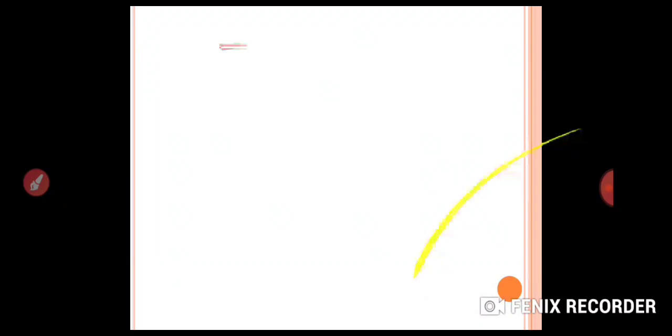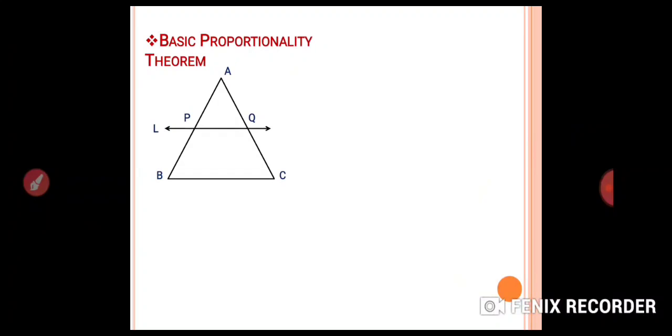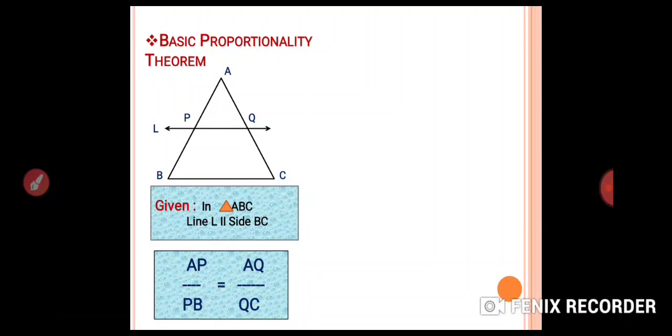Observe that basic proportionality theorem: in triangle ABC, line L parallel to side BC. So we get AP upon PB is equal to AQ upon QC.